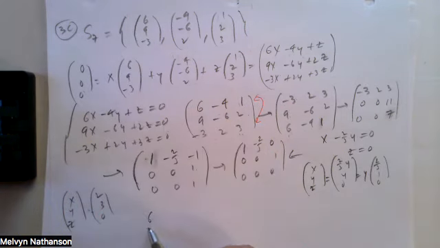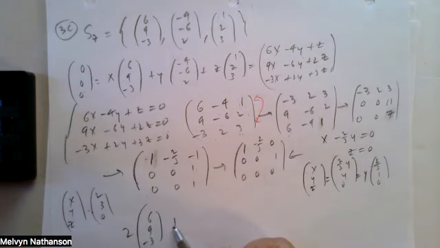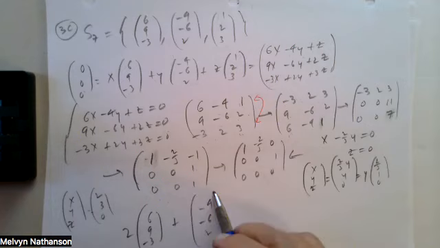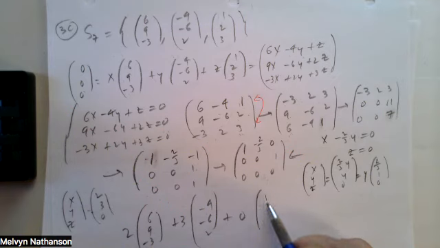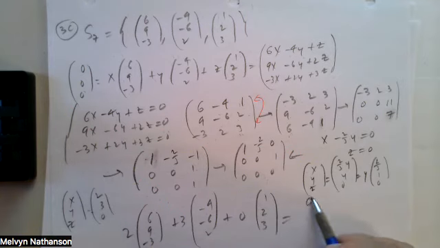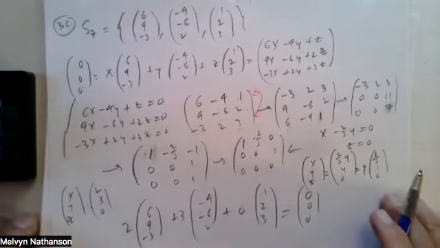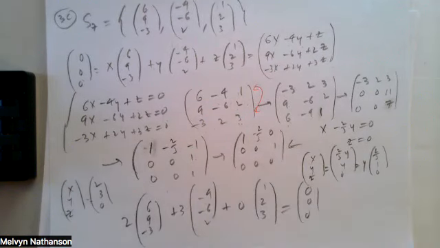If I take 2 times 6, 9, -3 plus 3 times -4, -6, 2 plus 0 times 1, 2, 3, I get the 0 vector. And if you check the arithmetic, this is completely correct.